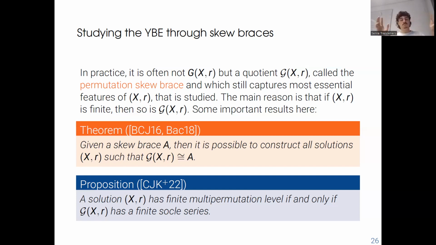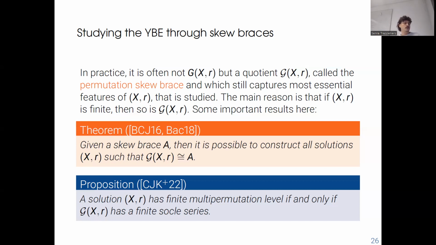If someday we were able to classify all skew braces, which we don't hope to do because it would be the same as classifying all groups, we would know what all solutions of the Yang-Baxter equation look like. So that's one nice theoretical result.